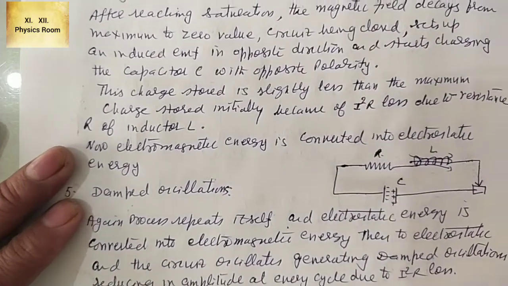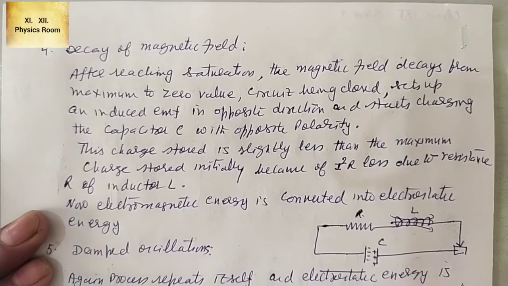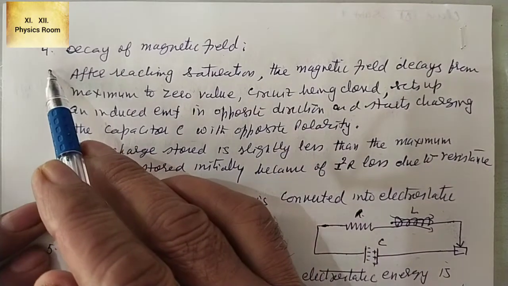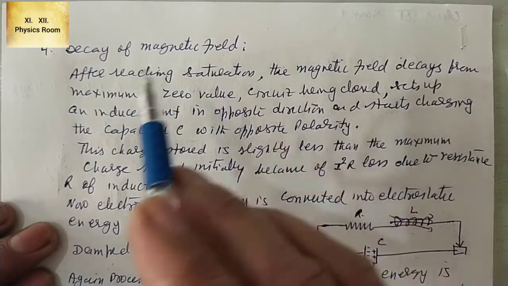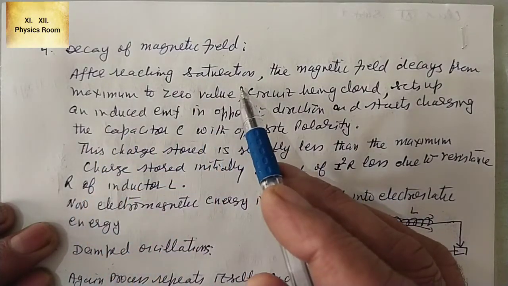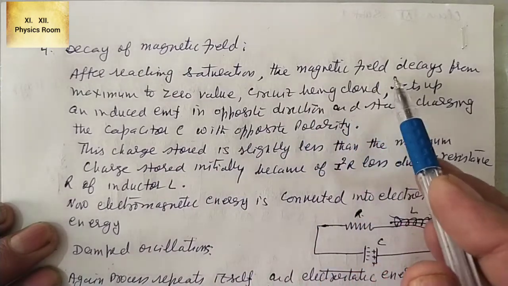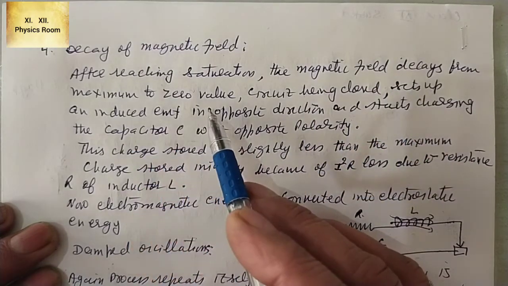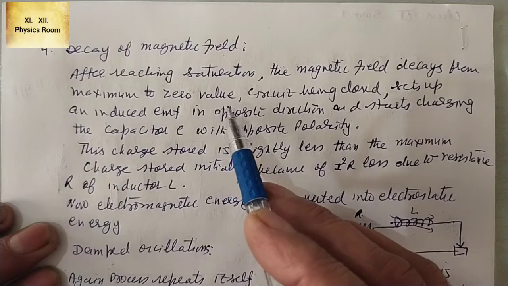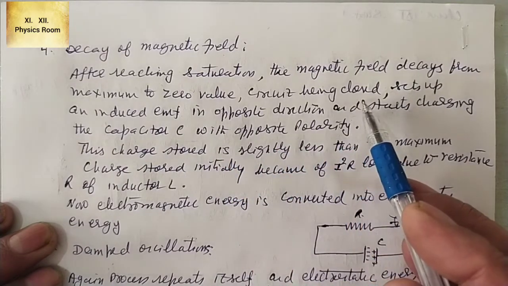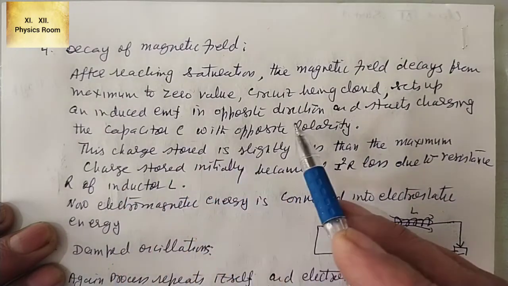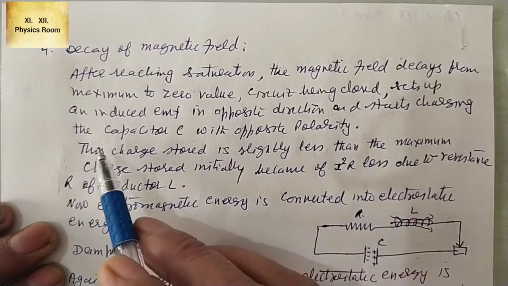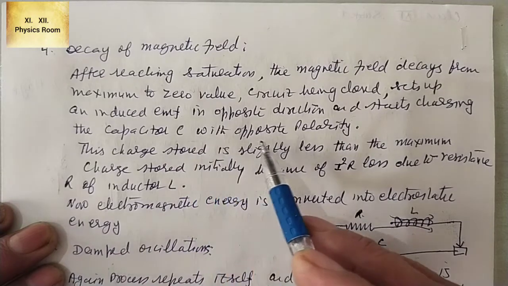Now fourth step, decay of magnetic field. We have to discuss decay of magnetic field. After reaching saturation, the magnetic field decays from maximum to zero value in the inductor, the circuit being closed. It sets up an induced EMF in opposite direction and starts charging the capacitor C with opposite polarity.